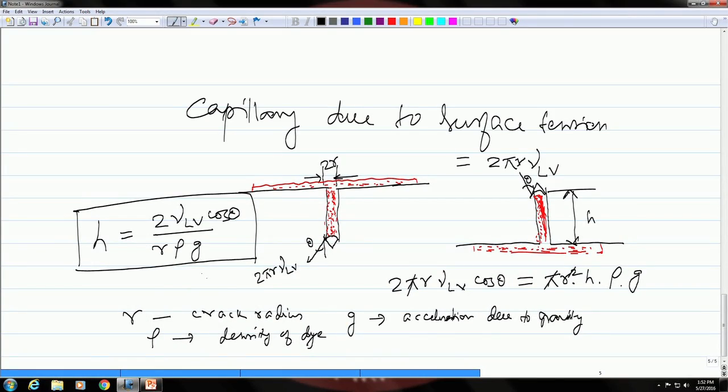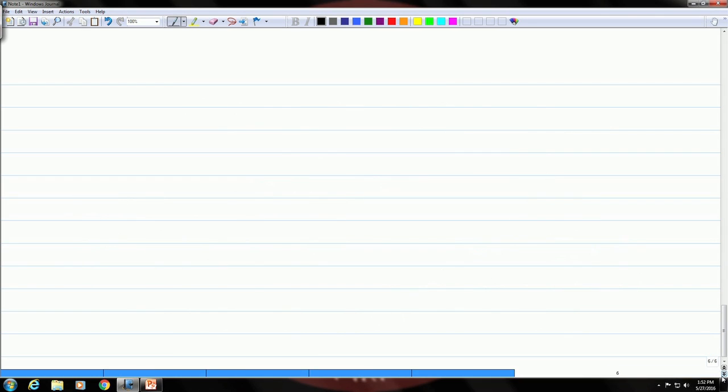So, this is the basis for this particular method of dye penetrant testing, the capillary force which develops due to the surface tension.